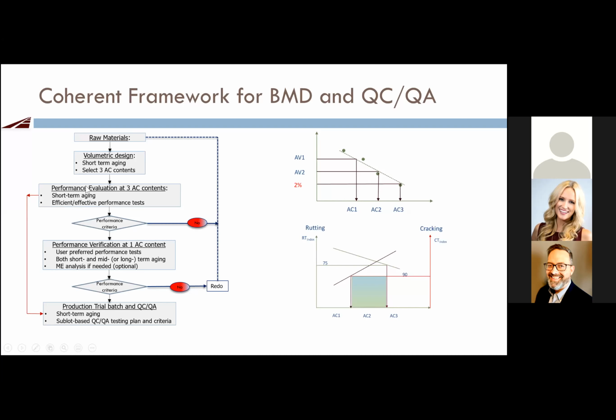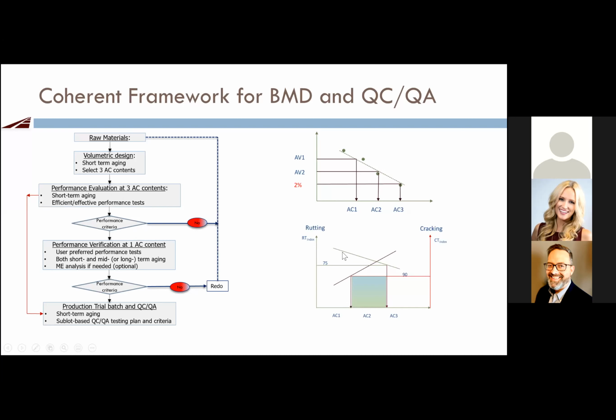Okay, after these 3 asphalt contents, you mold your specimens, you run rutting tests and cracking performance tests. This is what the graph is about. The left-hand side is my rutting. Rutting is always the top priority, and then the cracking as well.